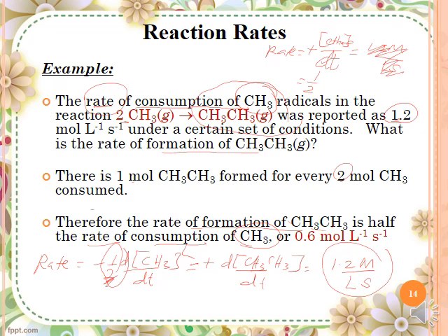So the rate of formation of ethane is 0.6 mole per liter per second. I write molar here; molar refers to mole per liter.